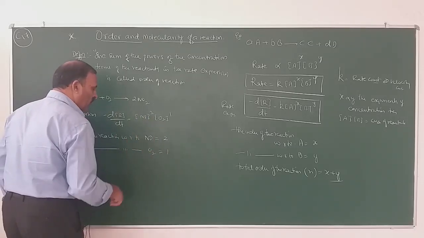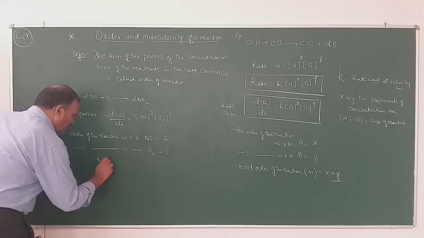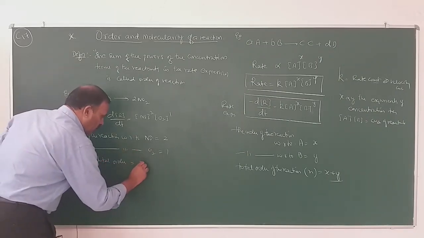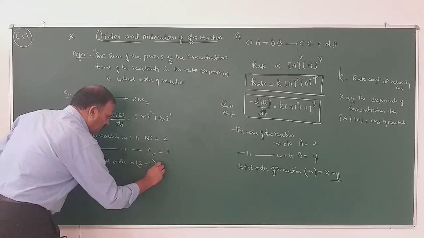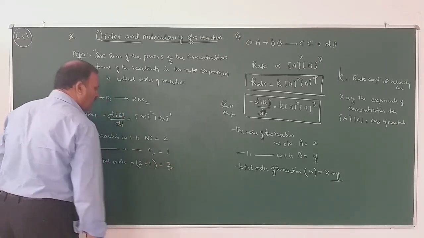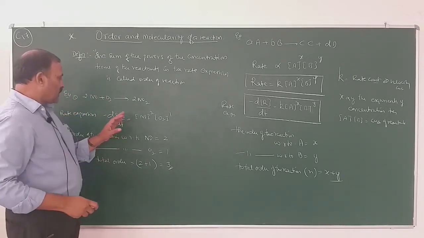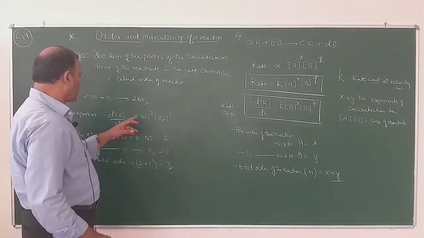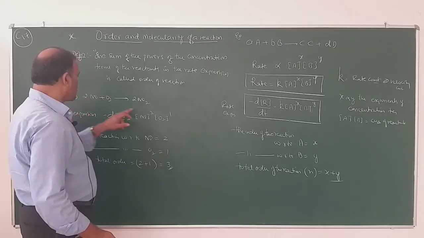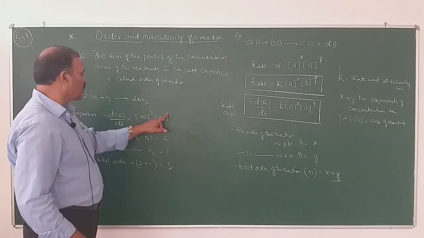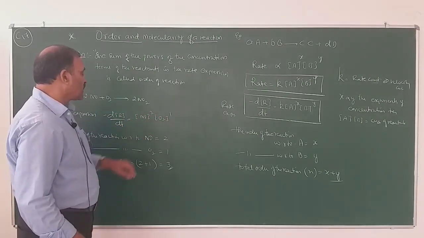O2 is equal to 1. What is the total order? Total order is equal to 2 plus 1, that is equal to 3. Total order is 3. Remember here the coefficients of the reactions are similar to the powers of the concentration terms.